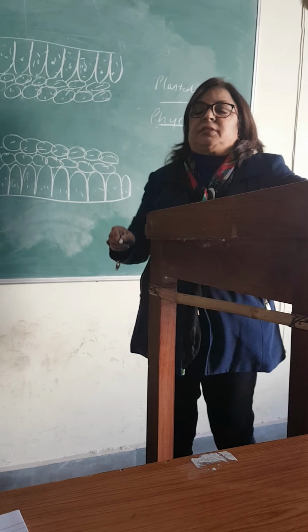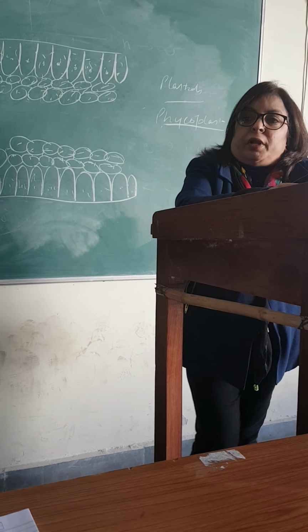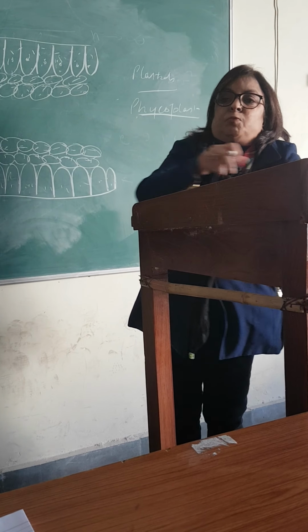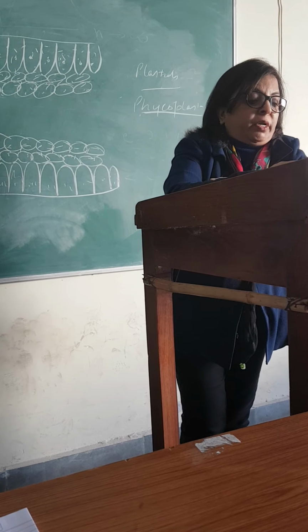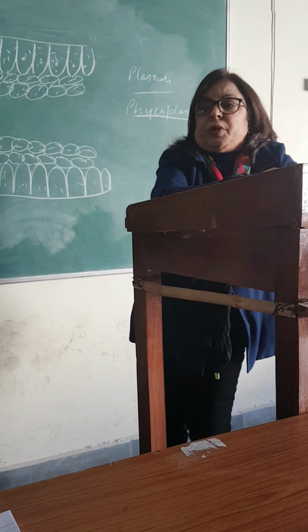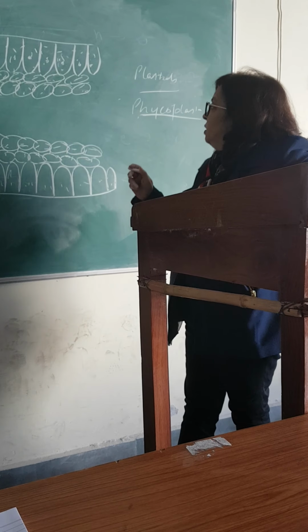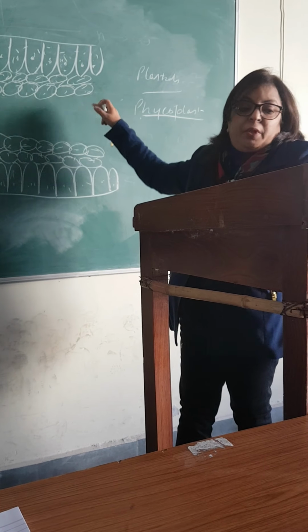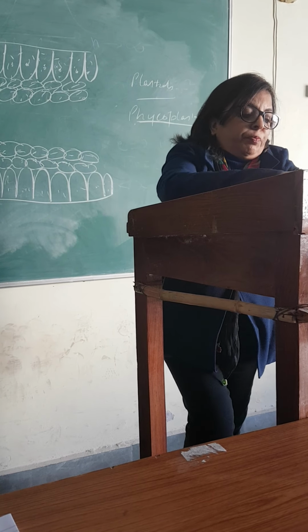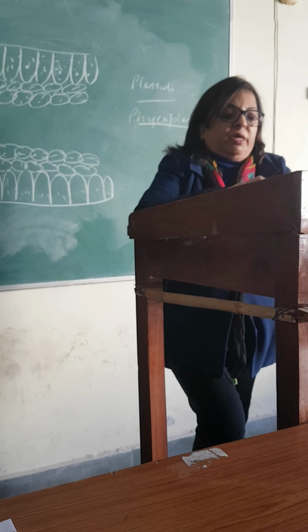So phycoplasts are larger in size in the palisade layer, but they are smaller in size in the cortical region. The cortex is also known as the storage region, because it stores the reserve food material.